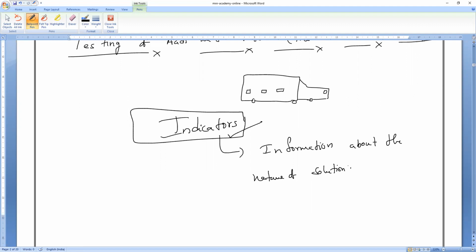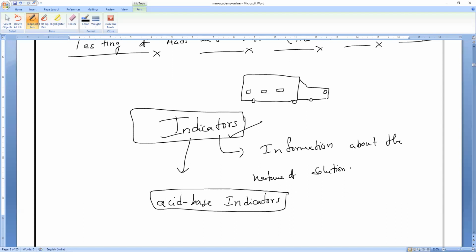So these are also called acid-base indicators. What do we call them, everybody? Indicators, or simply acid-base indicators. Why should we call them acid-base indicators? Because they are helping us identify acids as well as bases. Clear? That is why they are called acid-base indicators.